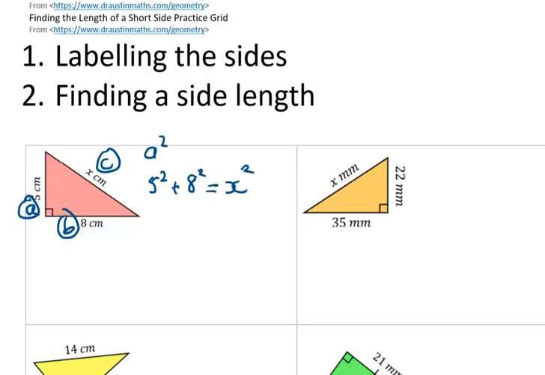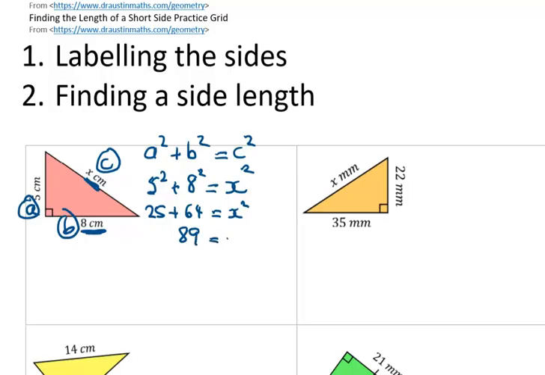What I'm doing there is I'm substituting into a squared plus b squared equals c squared, right? And so a is 5, b is 8, and we don't know what c is, but we're calling it x. So substituting in those values gives me 25 plus 64 is equal to x squared.